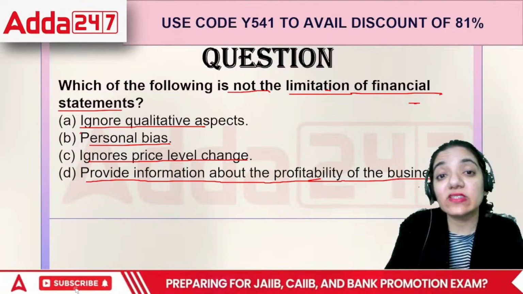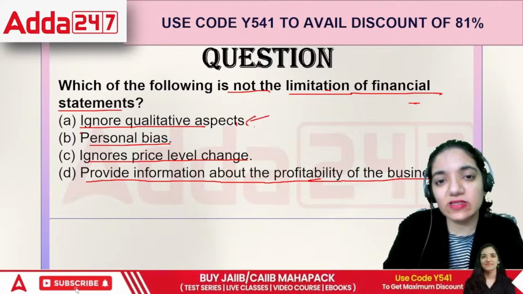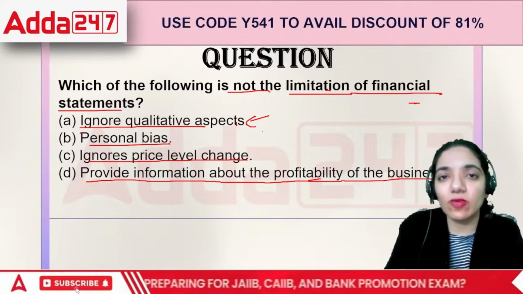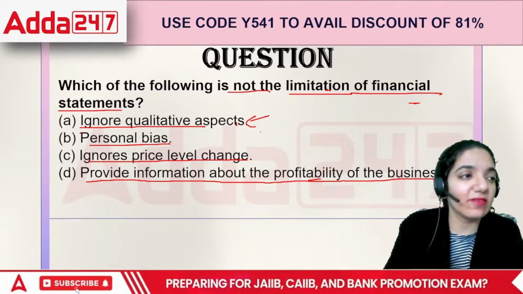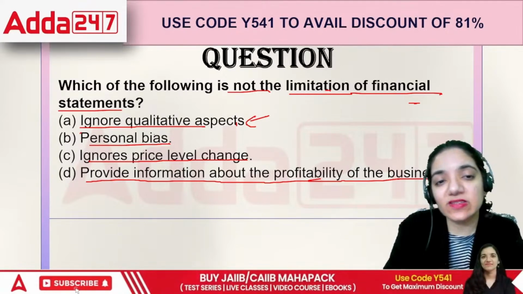Which of the following is not the limitation? It ignores the qualitative aspects, correct. It does not include any of the qualitative aspects at all. We cannot record loyalty of a particular person. Can we record the emotions of a particular person? No. Then personal bias is also there.